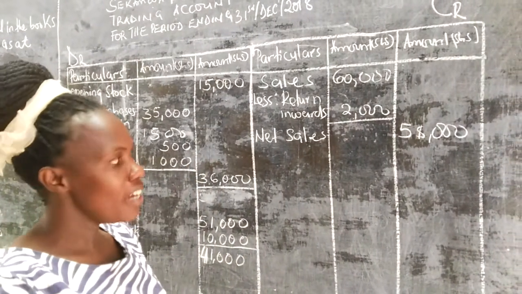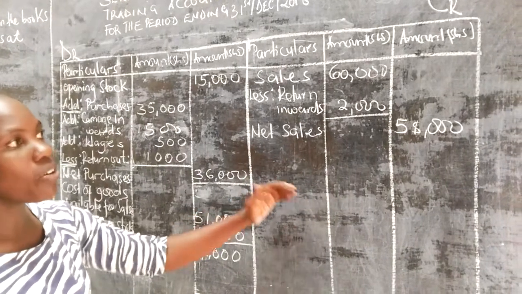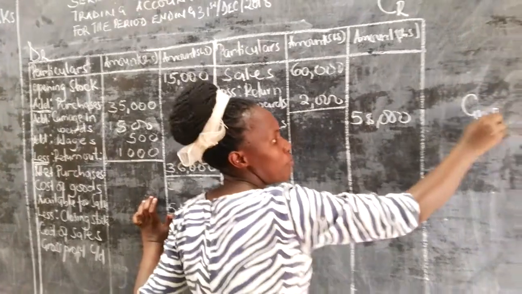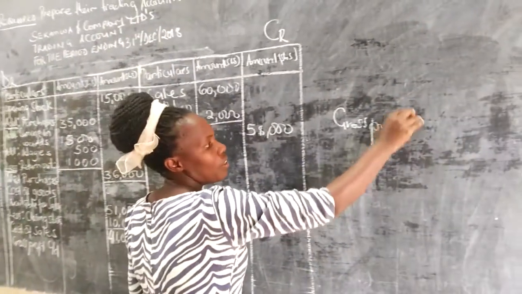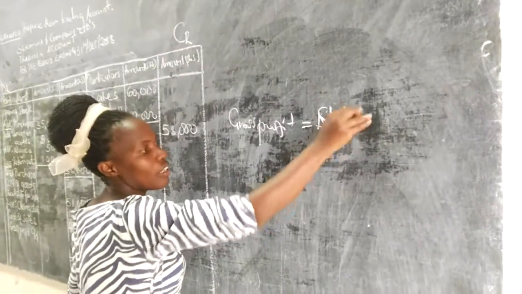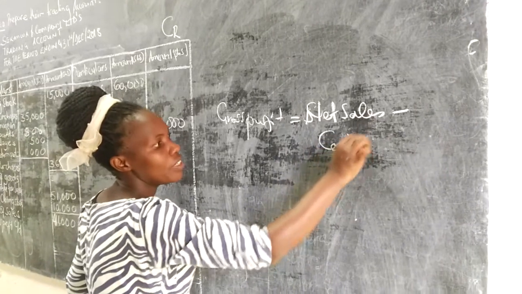Now, here is where there is a lot of work for us to get the gross profit, because we said to get gross profit, we shall say net sales minus cost of sales.